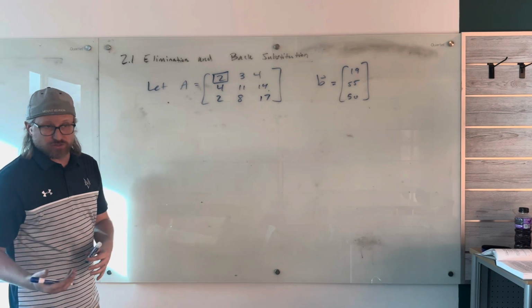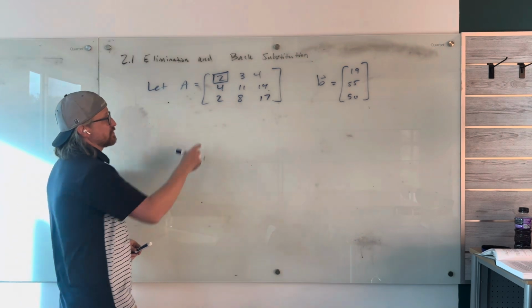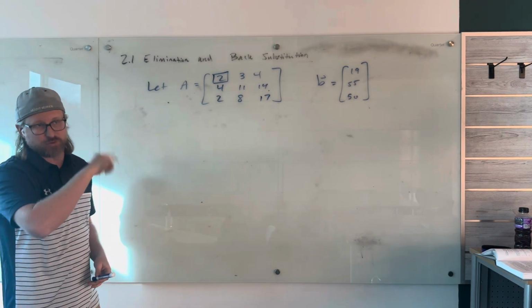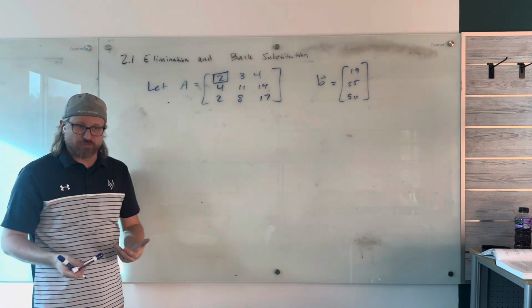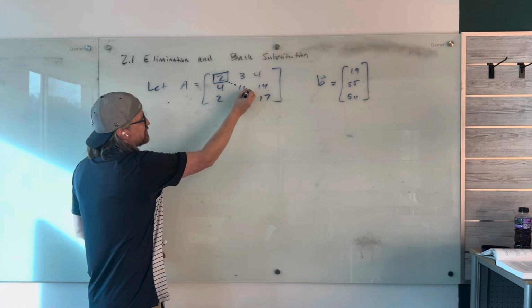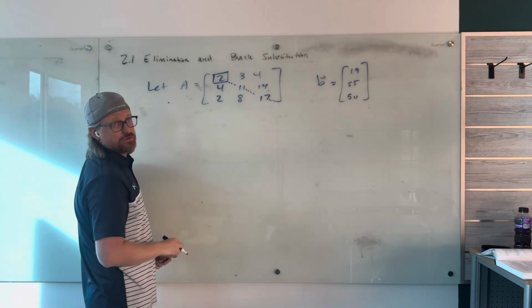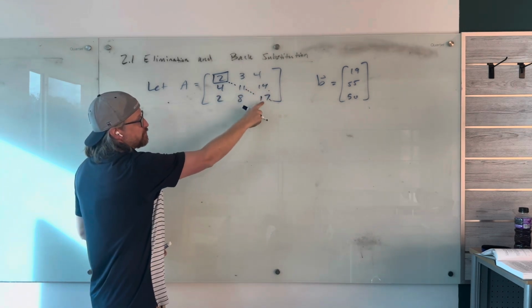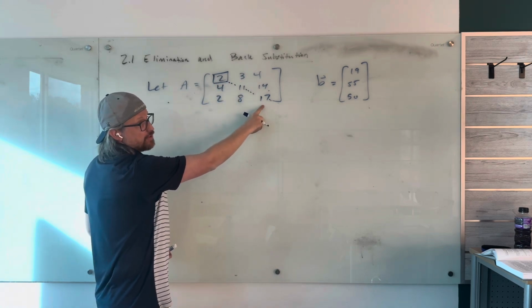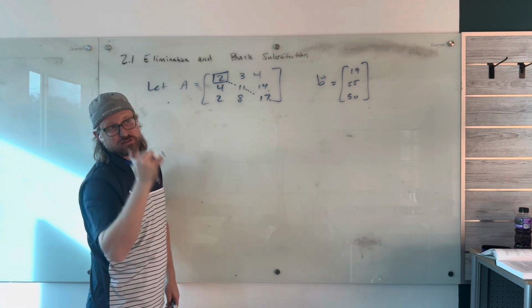What we want to do to transform this into an upper triangular matrix is zero out every entry below that pivot point. Remember that upper triangular matrices are defined as containing zeros below the main diagonal. That means once I identify my pivot points in A11, A22, and A33, I should have zeros underneath those pivot points.